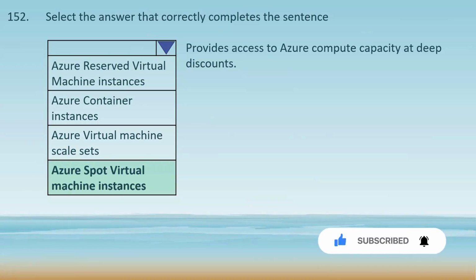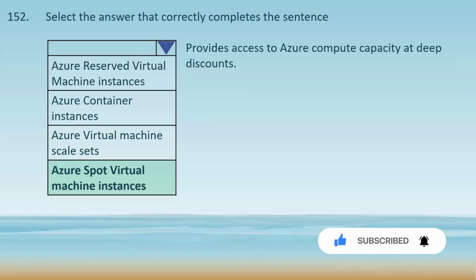Spot VMs offer the same characteristics as a pay-as-you-go virtual machine, the difference being pricing and evictions. Spot VMs can be evicted at any time if Azure needs capacity. So it is highly recommended that whenever you are using spot virtual machines, you don't put production workloads on them, because as you just heard, they can be evicted at any time whenever Azure needs capacity.